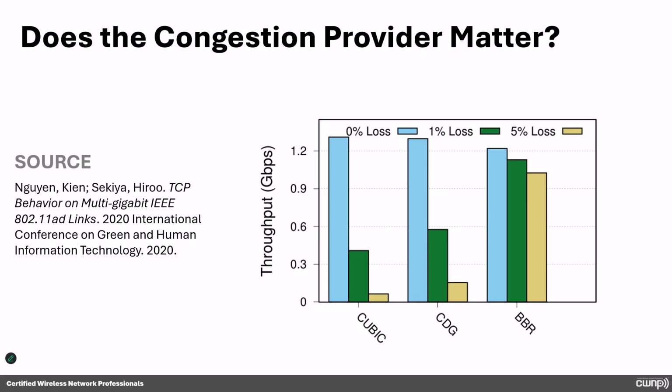So if you take a look with no loss, yeah, they're all pretty close. Not a massive difference. In fact, BBR is a little worse than cubic and CDG. But as soon as you hit 1% loss, the whole world changes. All of a sudden now BBR is twice as good as the next best and 3 times better than cubic. And you get to 5% loss and, let's just stop playing the game.